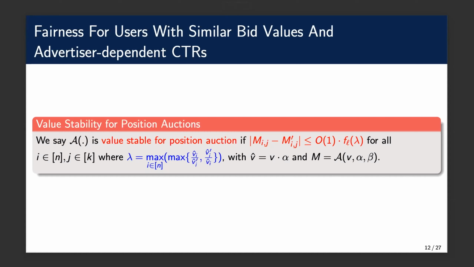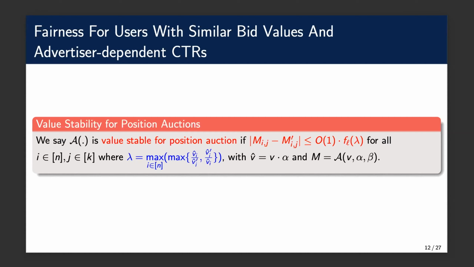Let's first consider a case where our two users have close bid vectors and close advertiser-dependent CTRs, but we want to see what will happen to the notion of fairness when we don't know anything about the slot-specific CTRs.